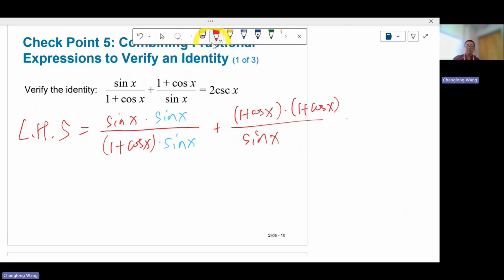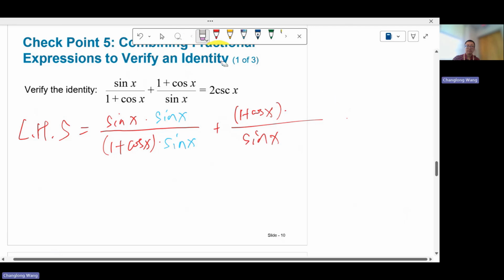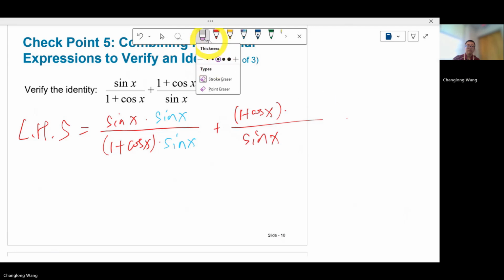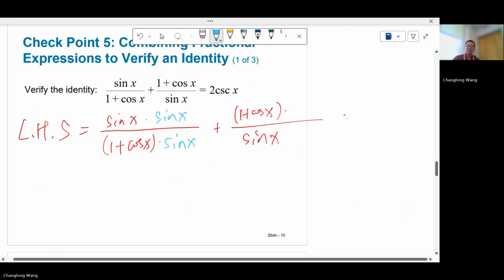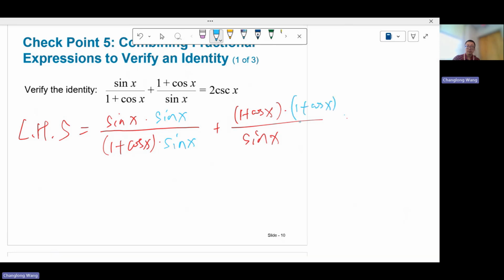But I want to be consistent with the color, so let's do the 1 plus cosine x here. So you always multiply the same thing on the top and the bottom, but what you multiply the current denominator with depends on the other denominator. That's all. It's like a swap, a cross multiplication kind of thing.